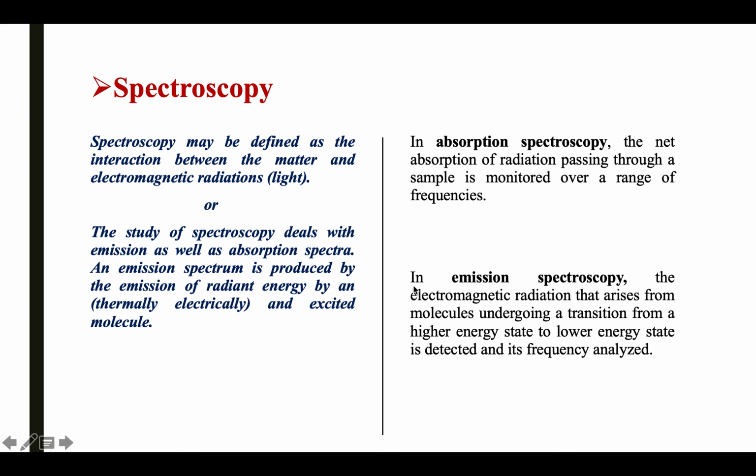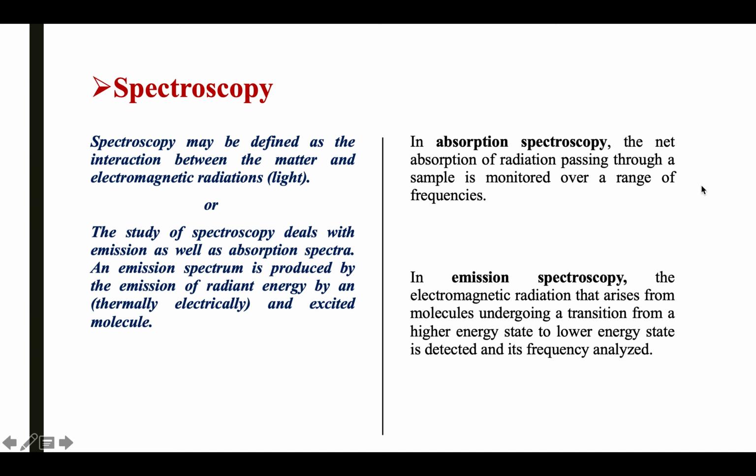In emission spectroscopy, the electromagnetic radiation that arises from molecules undergoing a transition from a higher energy state to a lower energy state is detected and its frequency analyzed. Some electromagnetic radiation arises from the molecules because they undergo some transition, which can be electronic, vibrational or anything.